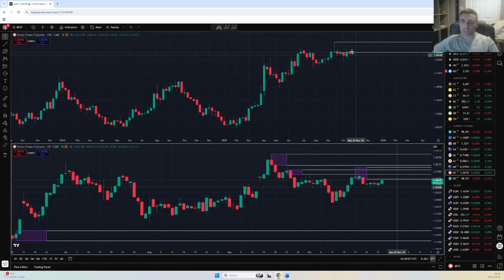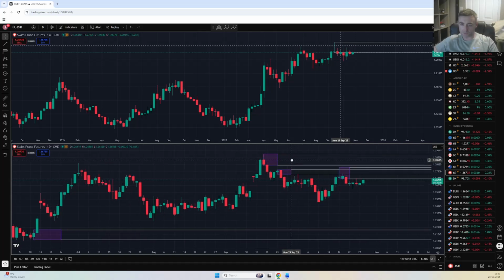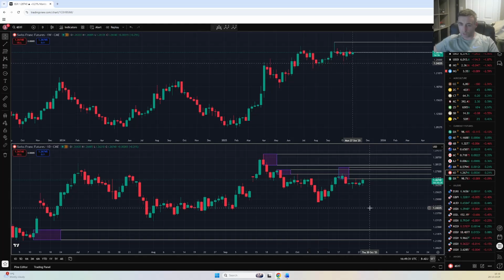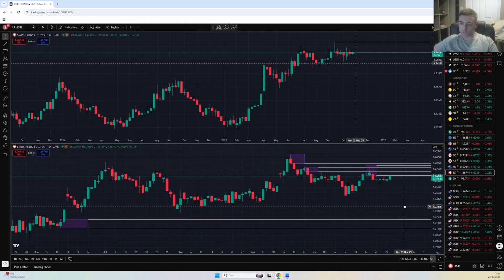Again, there's not much to really see on the weekly chart for the Swiss franc. You know, obvious uptrend. I'm just waiting for it to turn. Again, here on the daily, it's showing signs of turning. We got the pivots. So I'm just hoping for a nice bounce off this zone now, to take us past this lower low.